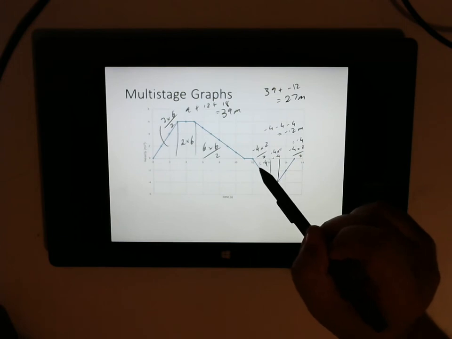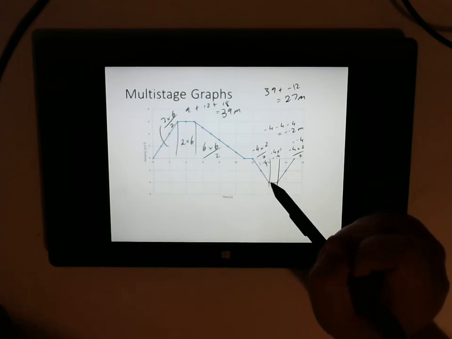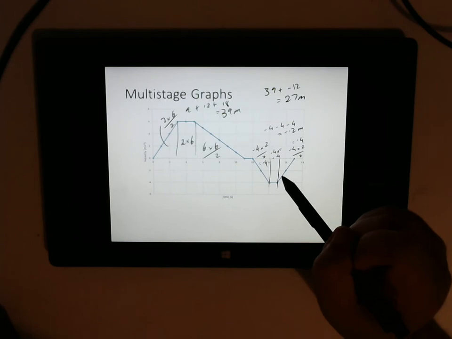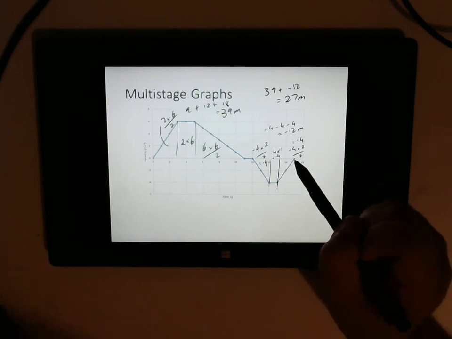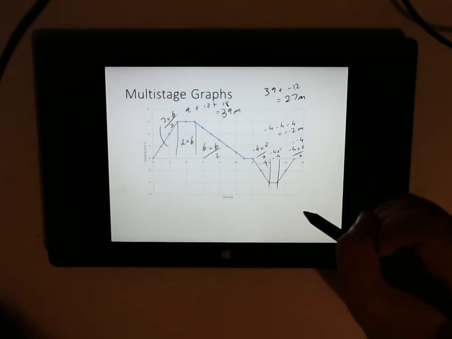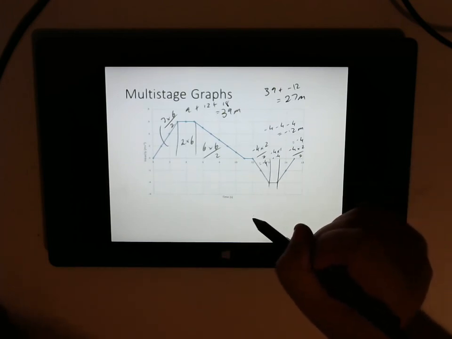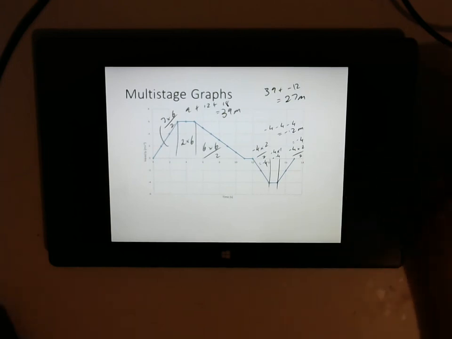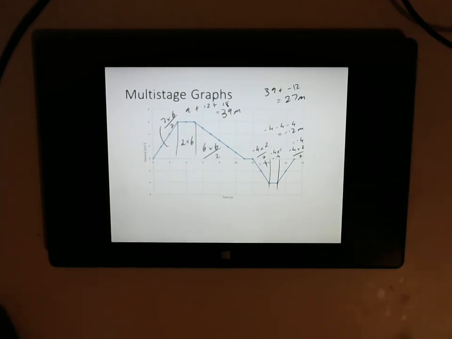Okay, speeding up, going faster and faster, backwards, and going backwards 4 meters. Kept this velocity for 1 second, going another 4 meters backwards, and then slowed down back to a stop. And during that time, he went another 4 meters backwards. And so in total, he went forward 39 meters and then back 12 meters for a total displacement of 27 meters. That is one of the trickier skills.